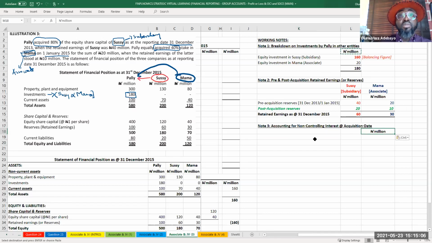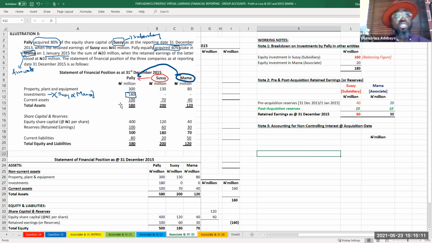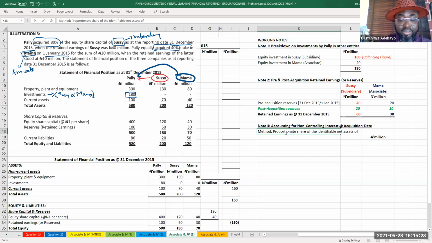Now, the method where we are not given an option and neither do we have fair value is to adopt the proportionate share of the identifiable net worth assets of the subsidiary at acquisition date.